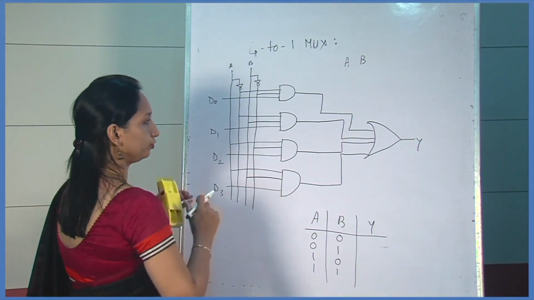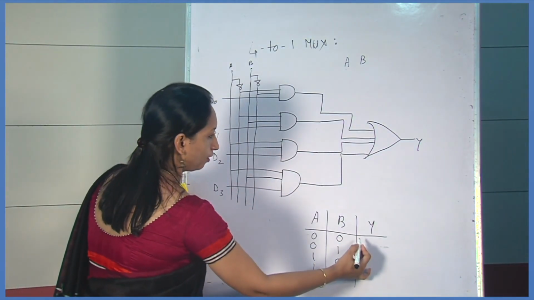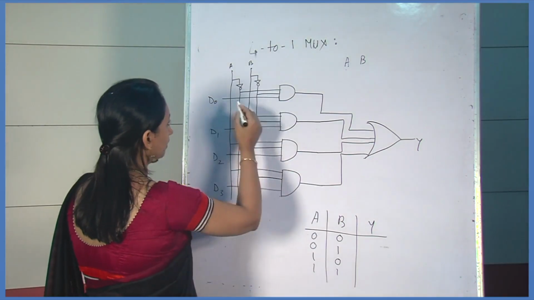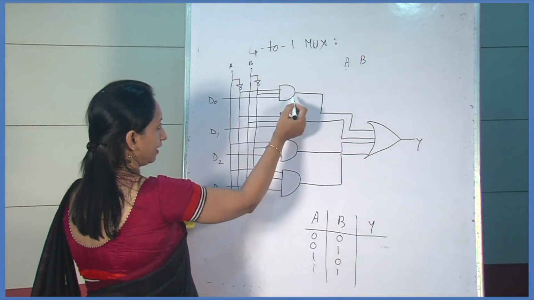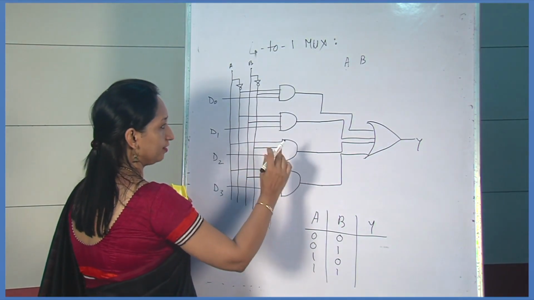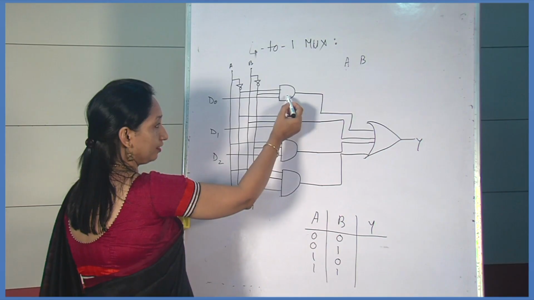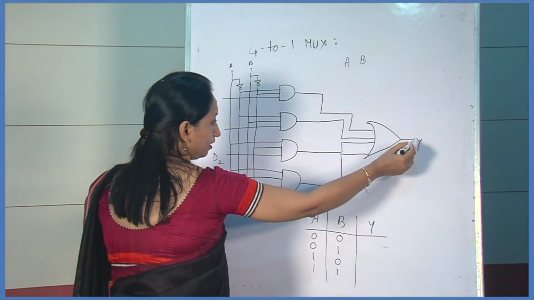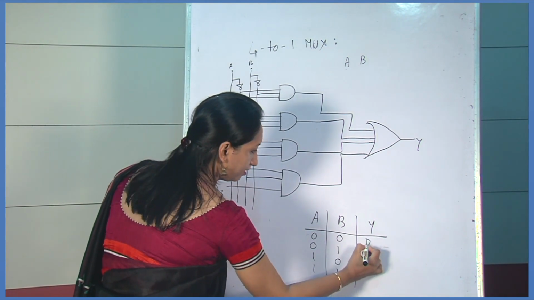And the output: when the inputs A and B are 0, the D0 input is selected. That means the other 3 AND gates are disabled and the first AND gate is enabled. So in the output of the OR gate, it will be data 0.